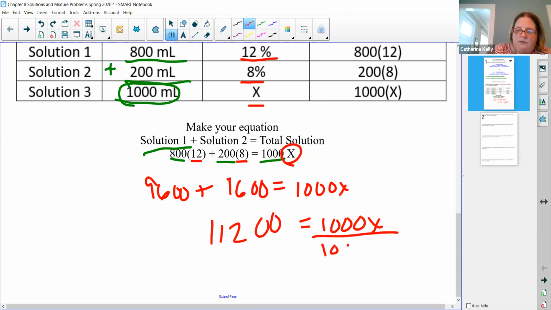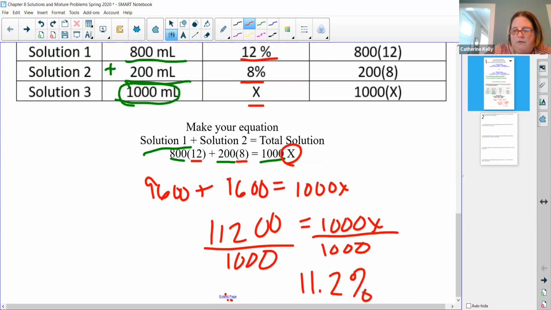Then divide by 1,000, and I get 11.2%. It's going to be a percentage because that's what's missing. I did not change my percentages into numbers like 0.12 and 0.08 because all of them had percentages. If everything has a percentage attached to it, you do not have to make it into decimal form in order to solve the problem.